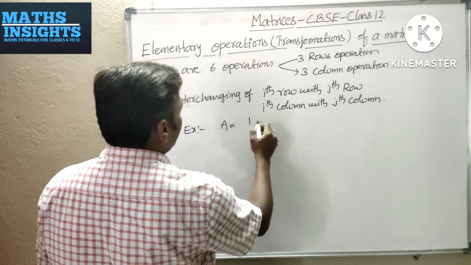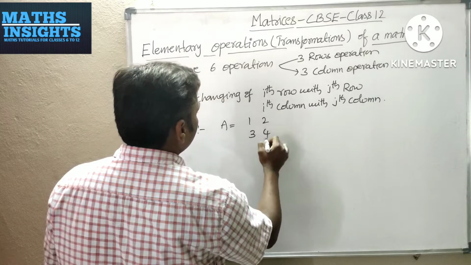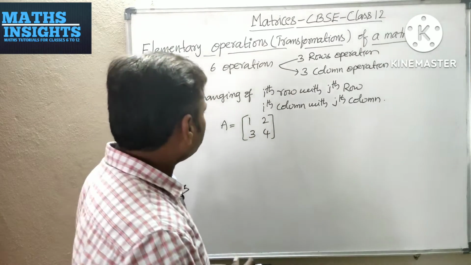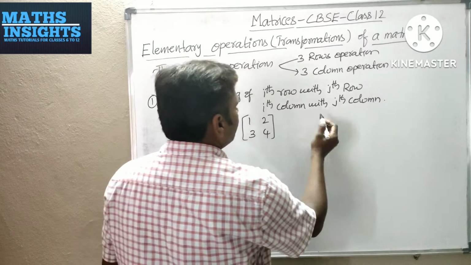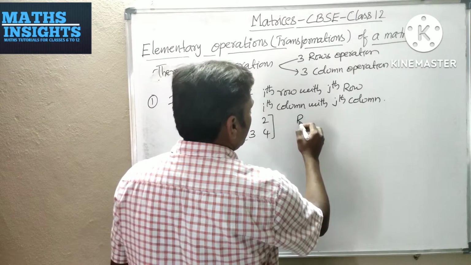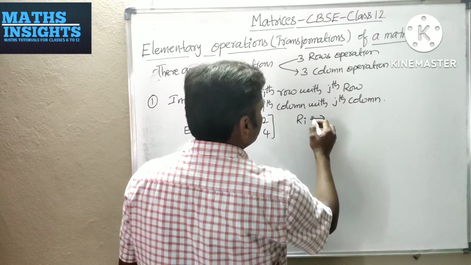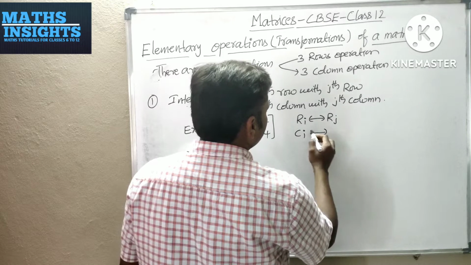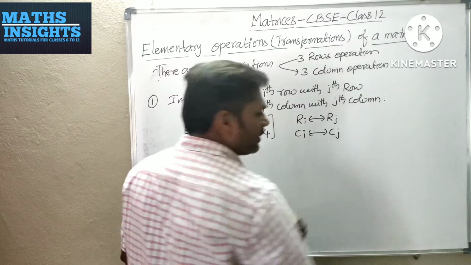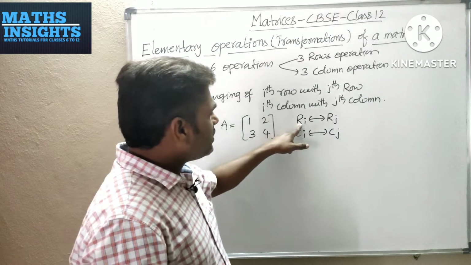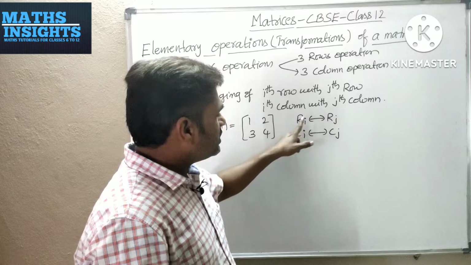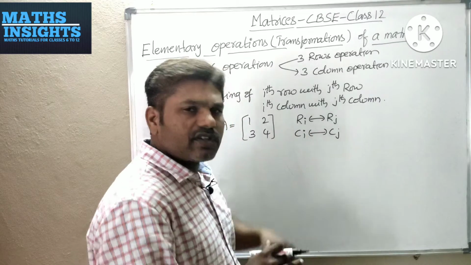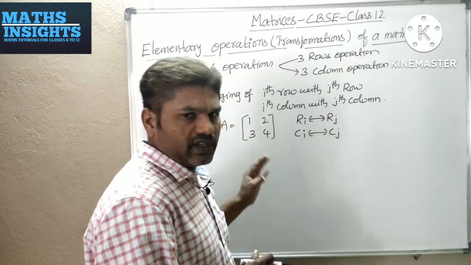For example, I am taking A equals 1, 2, 3, 4. I am taking a square matrix to simplify it. In this case, we will denote Ri double implies Rj, or Ci double implies Cj. It means you may interchange Ri with Rj or Rj with Ri. I am writing double implies because this operation applies both ways.